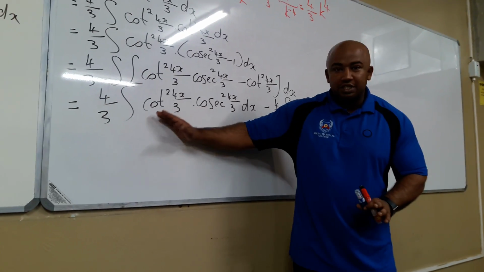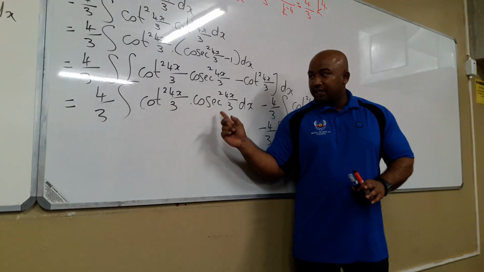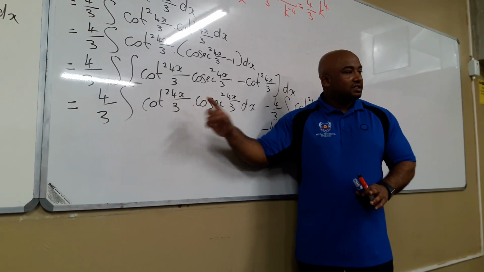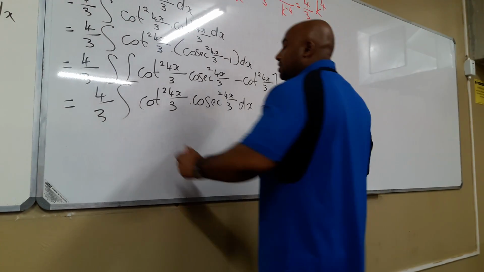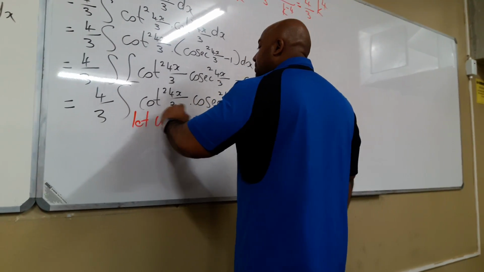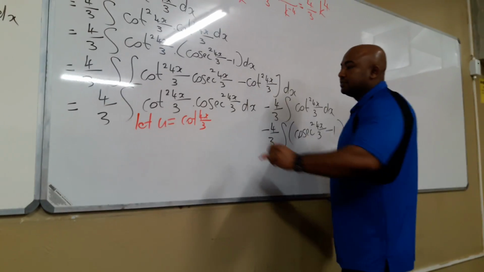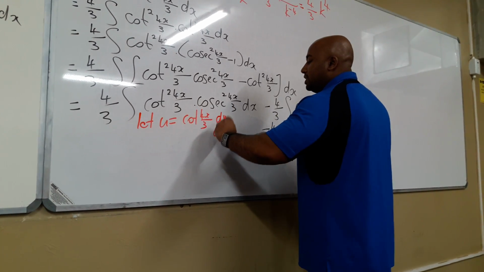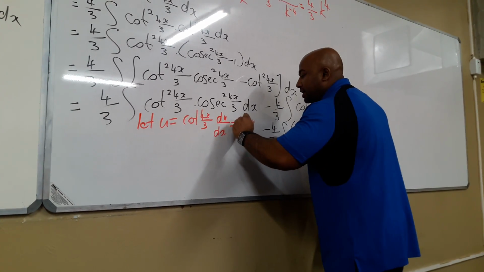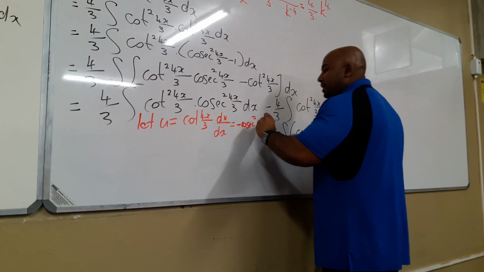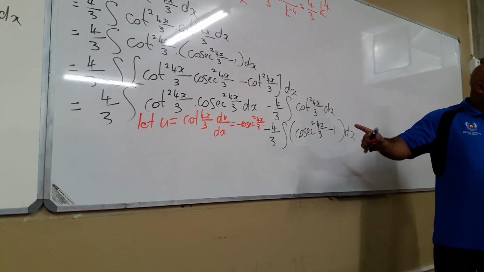So here at this stage, it is type A. It's clear that it's type A because it's multiplication. The derivative of cot is negative cosec squared. So, you let u equal to cot 4x over 3. du dx, the derivative of cot will be negative cosec squared 4x over 3 times the derivative of 4x over 3.